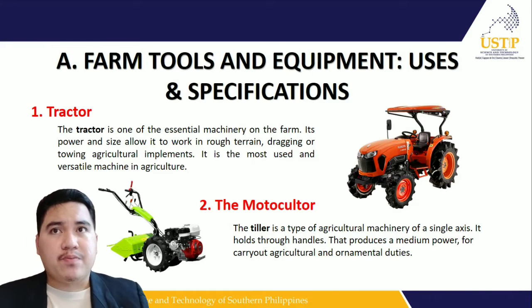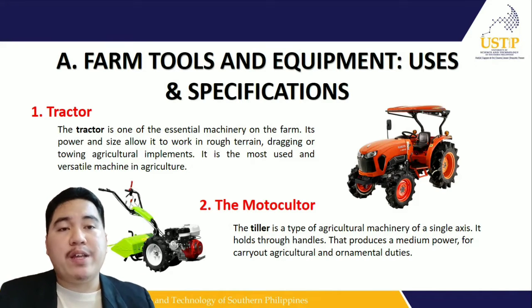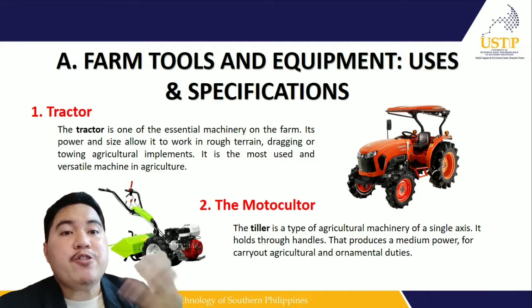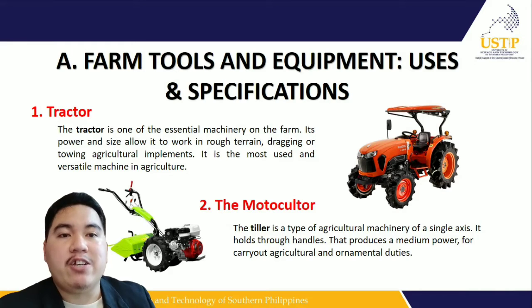Okay? So I know that you are very familiar with tractor. So asa man ni sila pwede gamiton? So gigamit ang tractor to provide a machine power for farm applications.